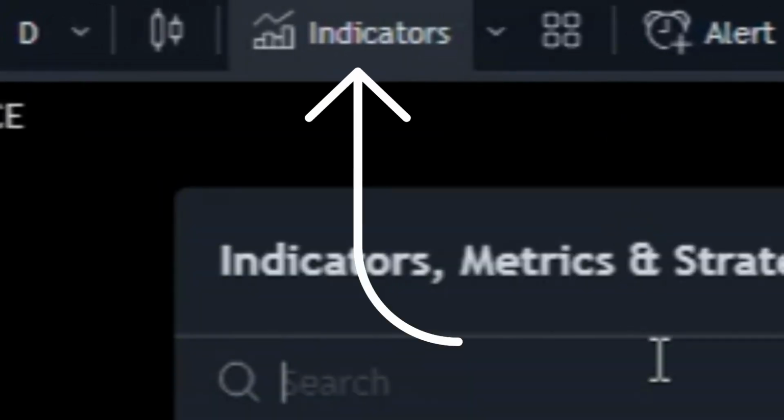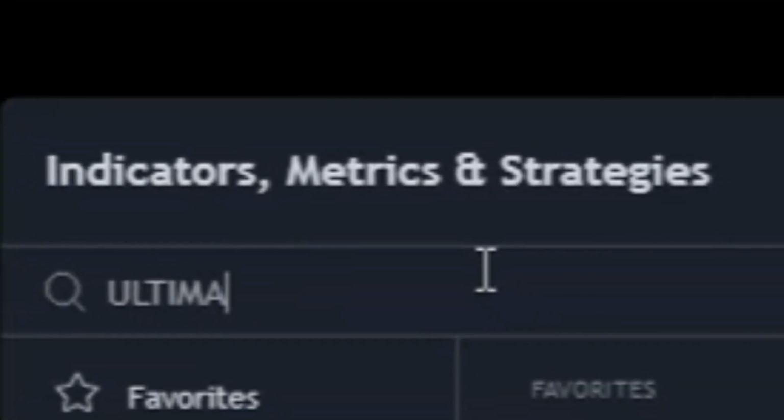Alright, so the second indicator we're going to use is the Ultimate Moving Average multi-time frame indicator.